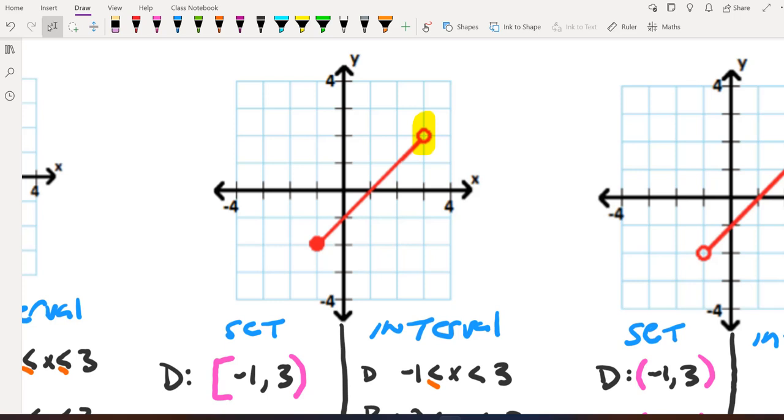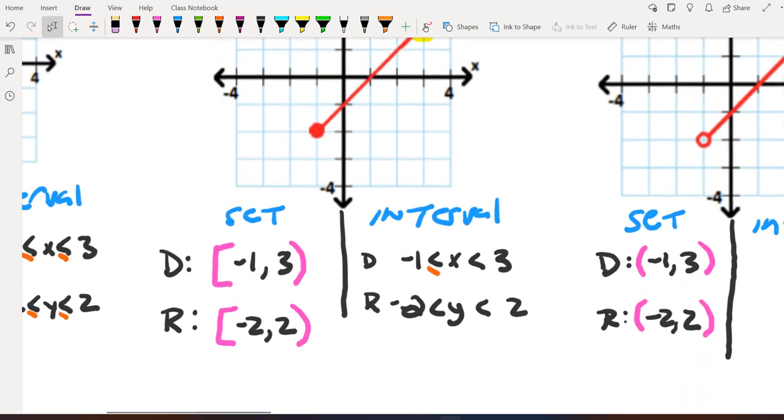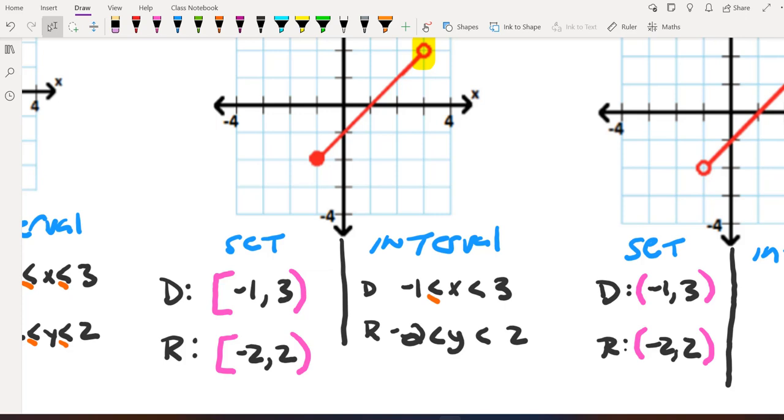No, because it can't equal it, so we leave it out. Next one, the -2. Does it get an equal line? Look at the bracket. I find looking at the bracket's easiest. Yeah, it can equal it. +2. Can this get an equal line? No. Okay. Done.